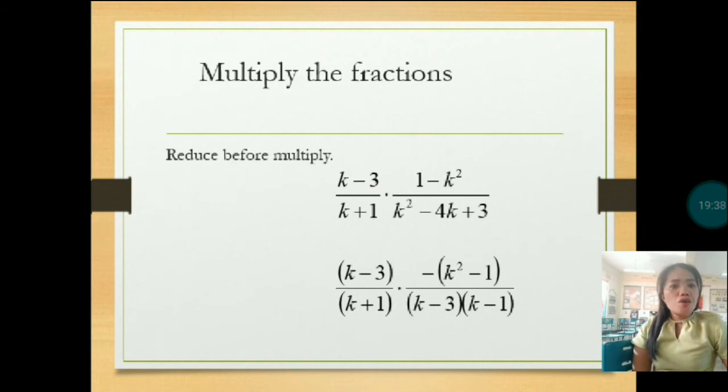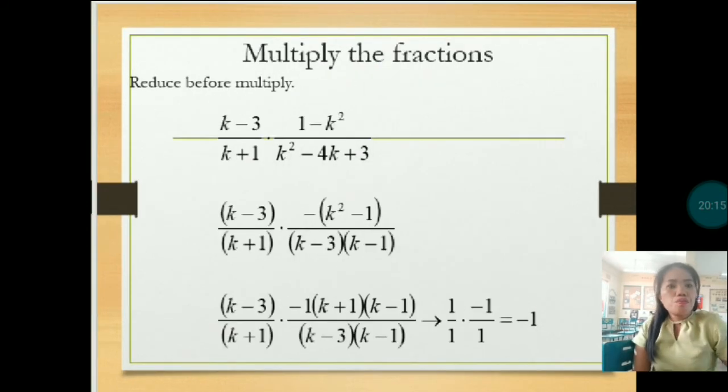Then k squared minus 4k plus 3 is a trinomial whose factors are k minus 3 and k minus 1. Okay? So we can now multiply. We can cancel out the greatest common factor from both numerator and denominators before we proceed to multiplying. So k minus 3 can be cancelled out.